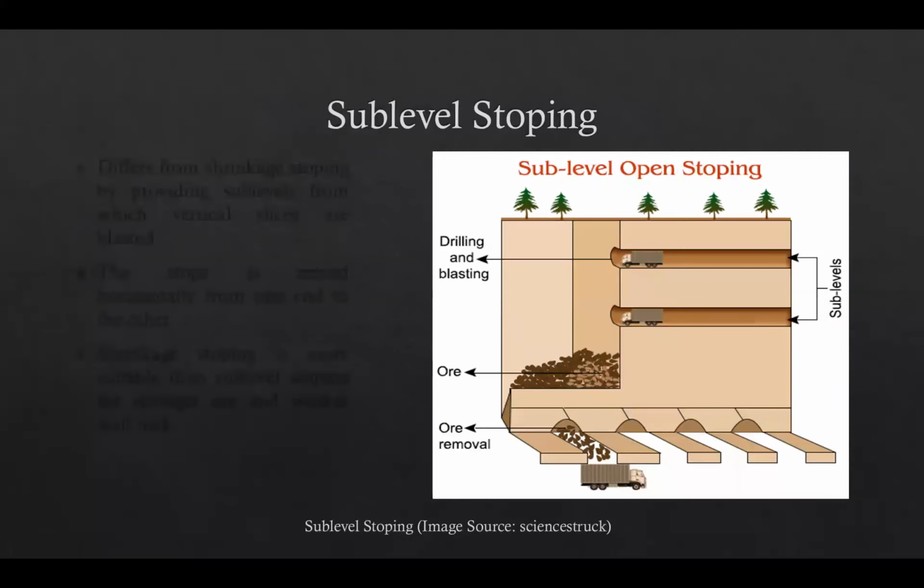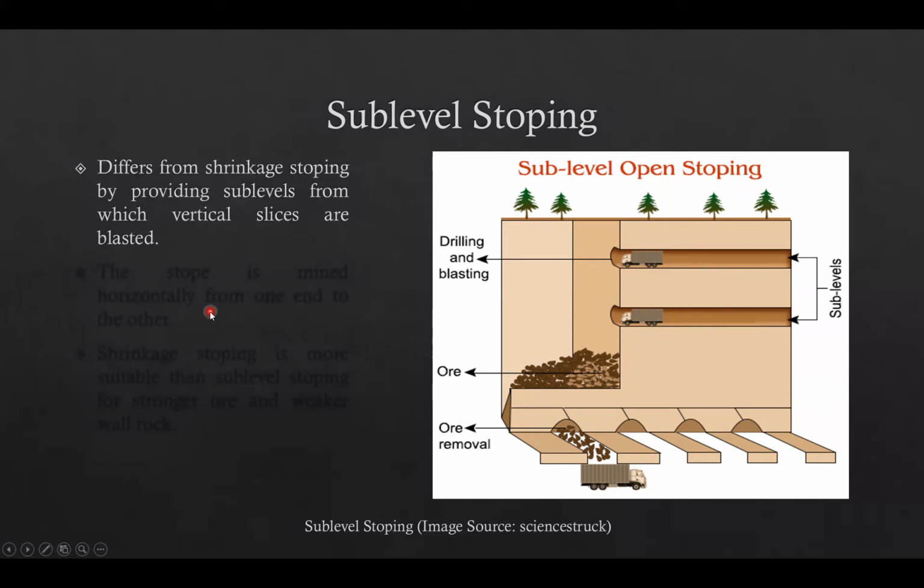Sublevel stoping is another unsupported underground mining method, and it differs from shrinkage stoping by providing sublevels from which vertical slices are blasted. In shrinkage stoping, we don't have sublevels.